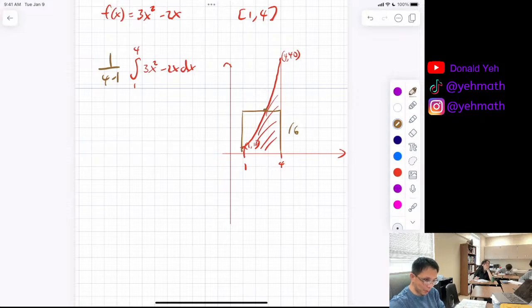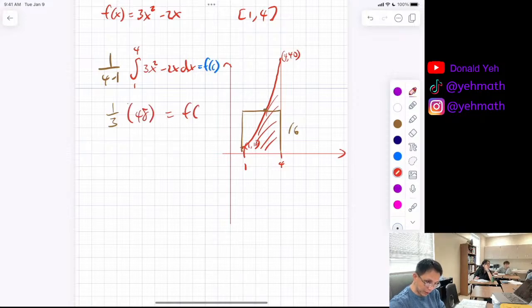Now instead of this part, I'm going to say it's equal to f of c. So this is 1 over 3. Brown is 1 over 3. And the area is 48. I did a calculation.